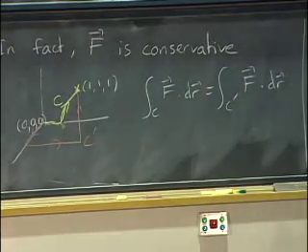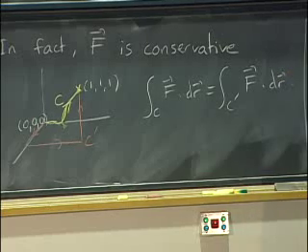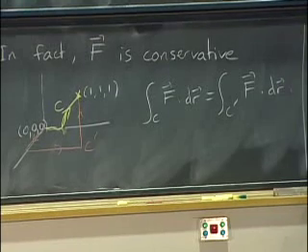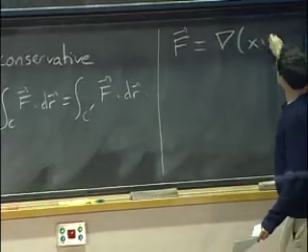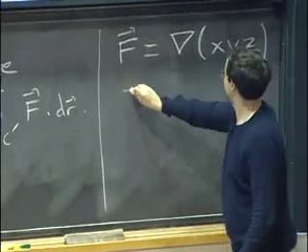And how do we see that? Well, actually here, it's not very hard to find a function whose gradient is this vector field. Namely, the gradient of xyz looks like it should be exactly what we want. Right?